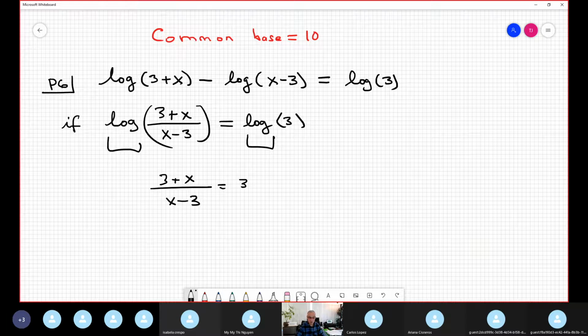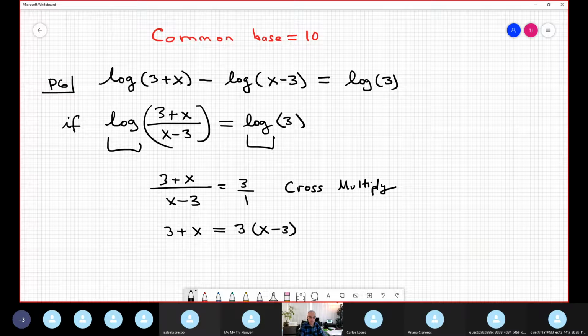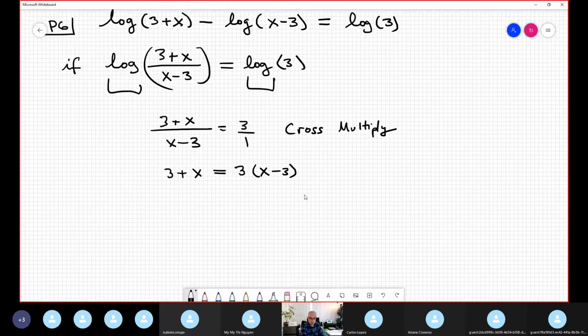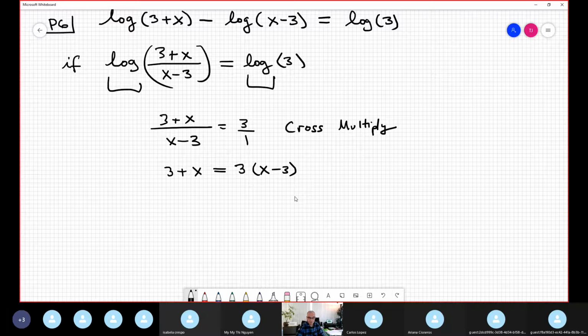And this equation is super easy, it's a linear equation, but you apply cross multiply, you know? You multiply 3 plus x times 1, it's just 3 plus x. And you multiply 3 times x minus 3. Now distribute, it is 3x minus 9.